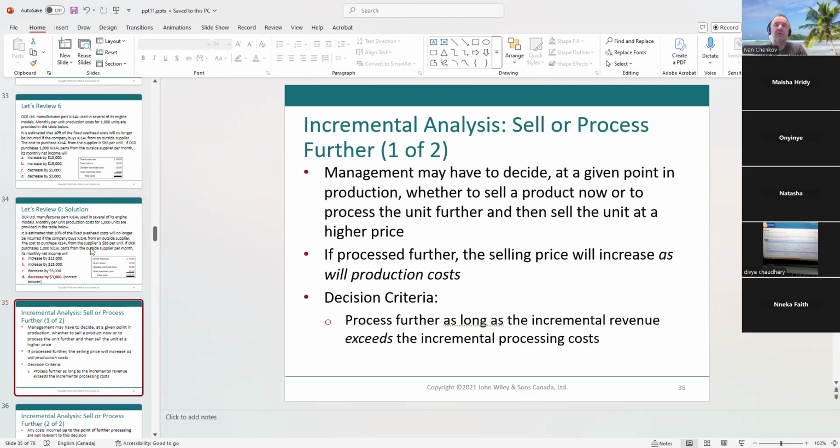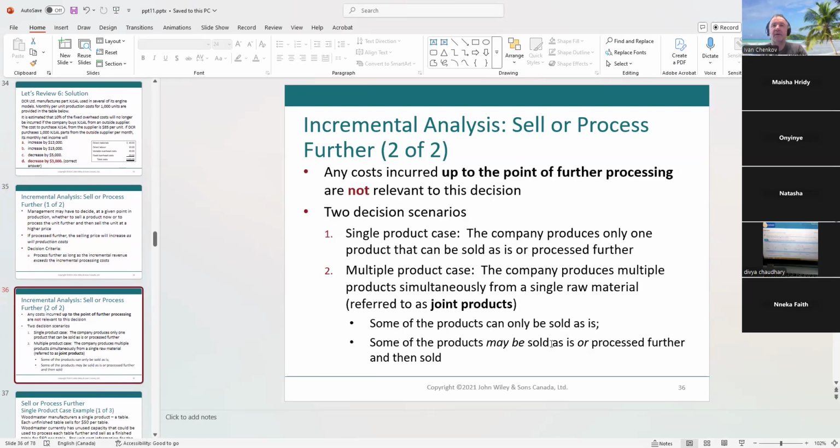Again, the decision criteria here is we're going to process further as long as the additional or incremental revenue that we're getting exceeds the incremental or additional processing cost to make the new product. There are two decision scenarios.